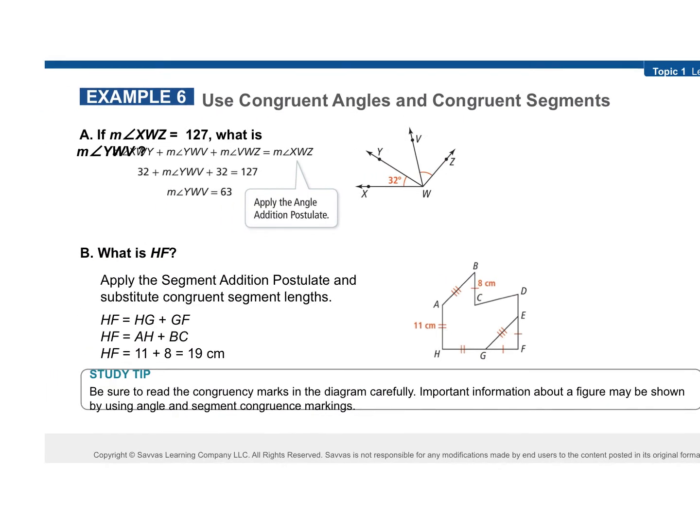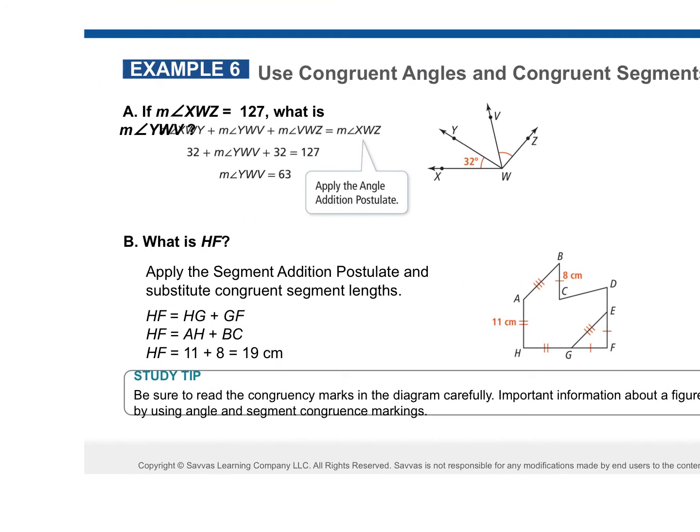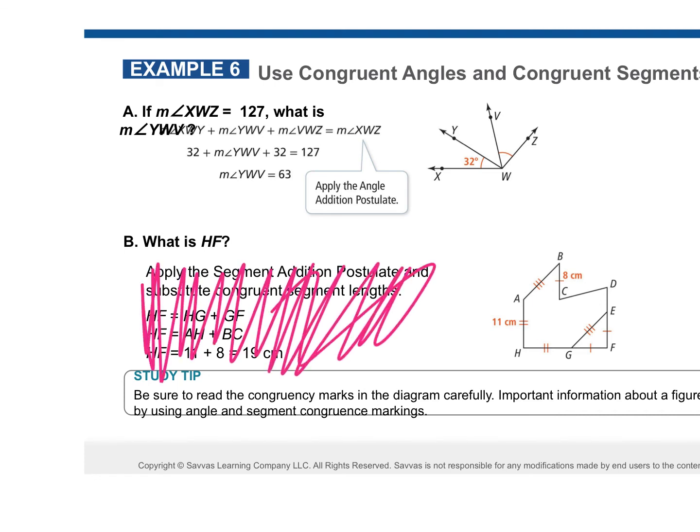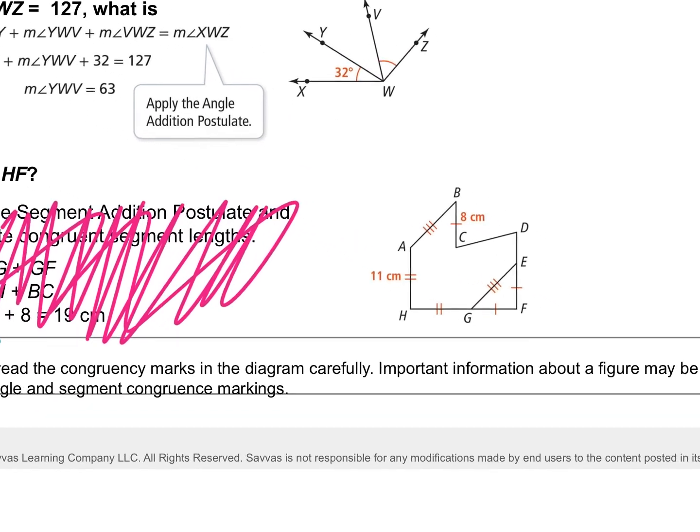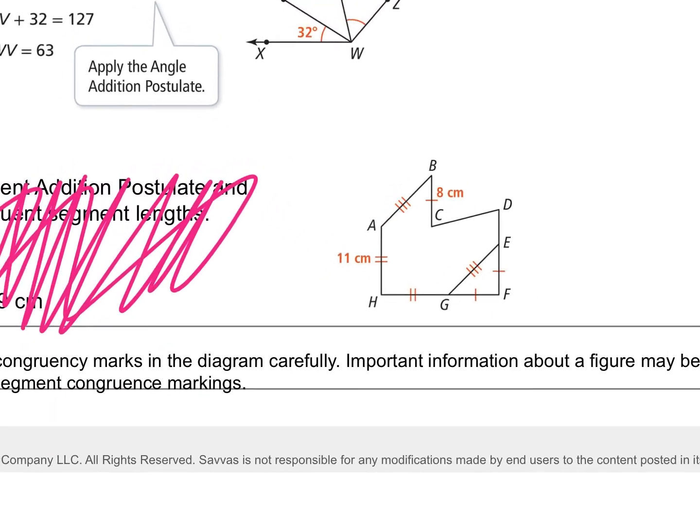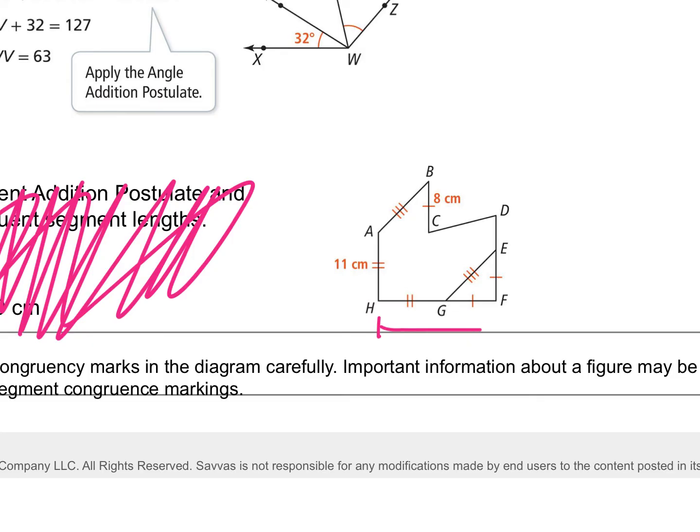All right, so this says, what is HF? So let's not look at this. Let's just look. All these little lines, we want to know what HF is. So I'm going to put this down here. X, that's what I'm looking for.